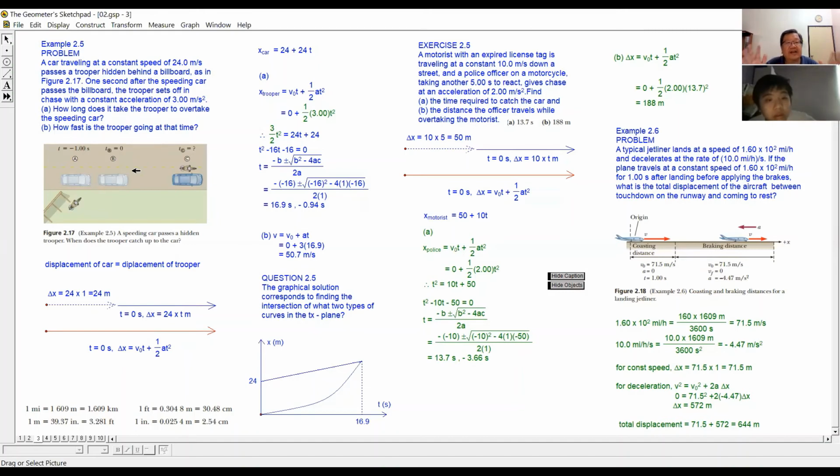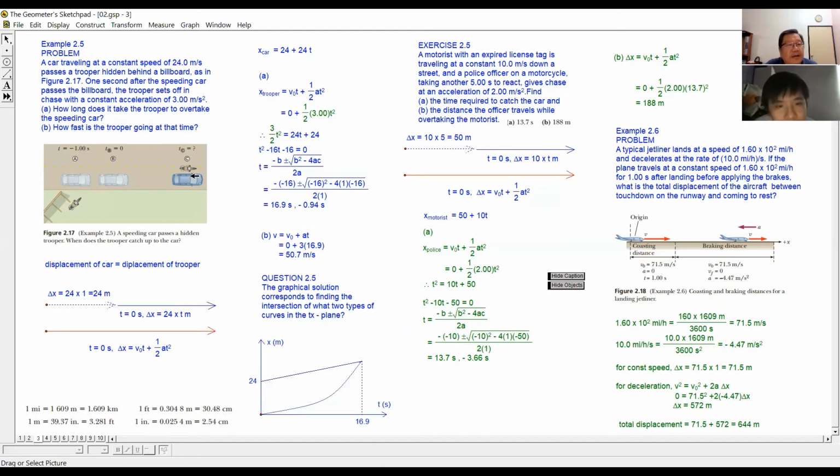That means his displacement is already 24 meters. And because it's traveling with a constant velocity, the displacement time graph will be a straight line. So start from 24, the car travels in a straight line. With a constant velocity means it's a straight line.